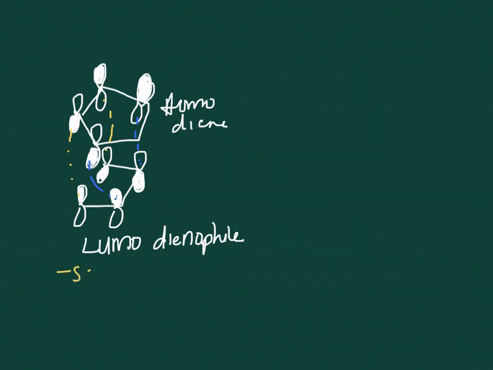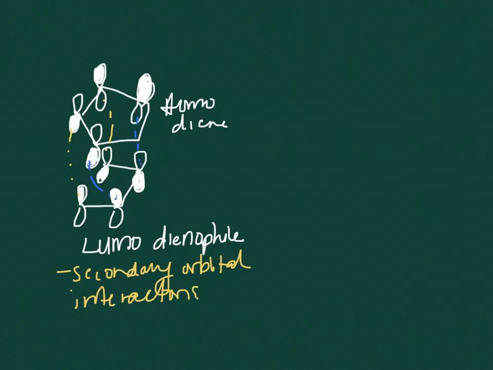Okay, so there are secondary orbital interactions in the endo conformation. In the exo conformation, you do not have these interactions.